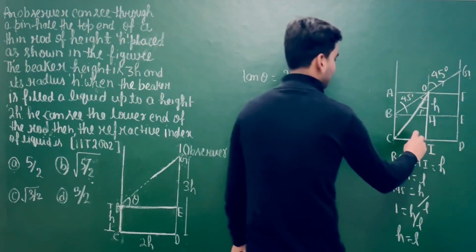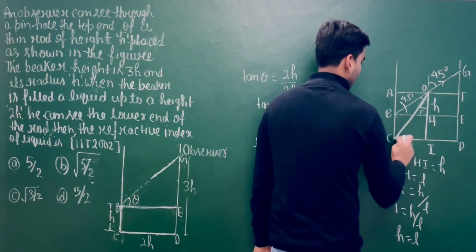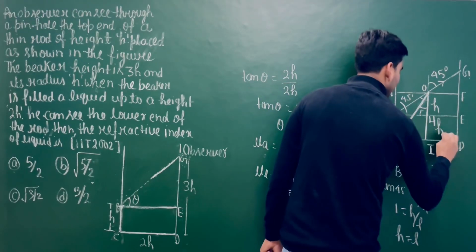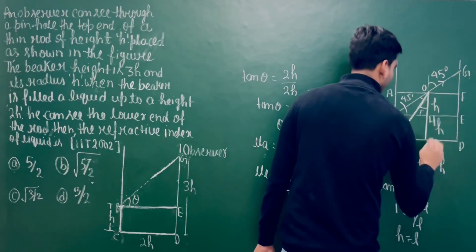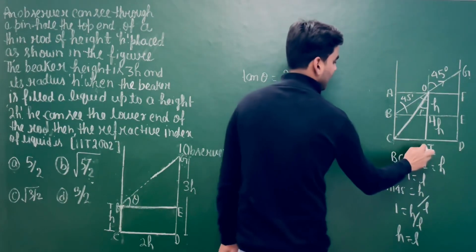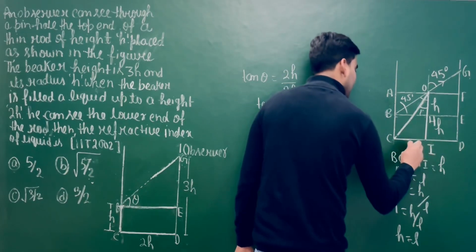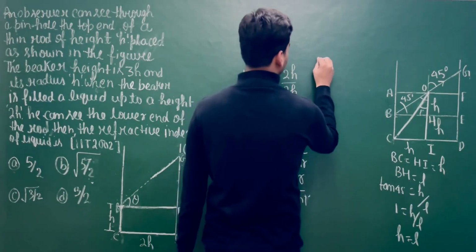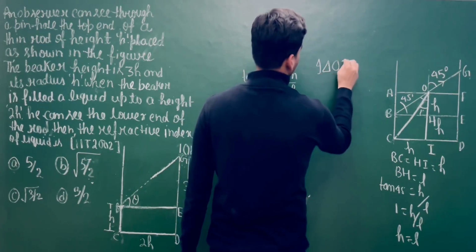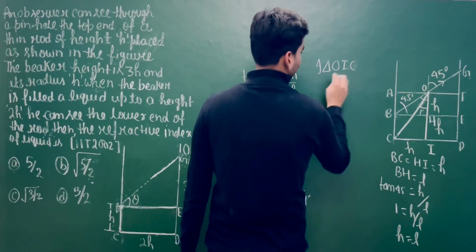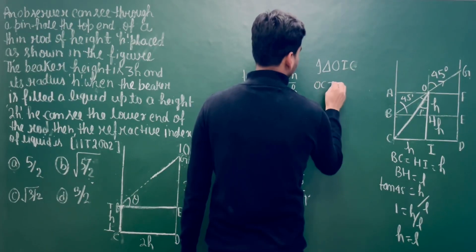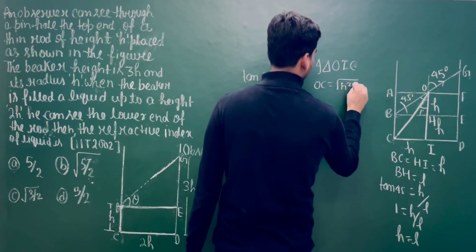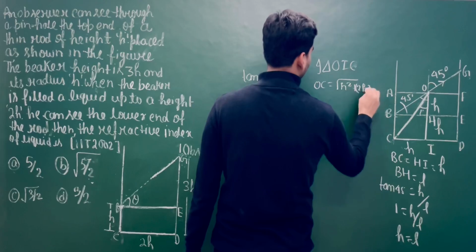Let's see here. In this triangle OCI, this is h and this is h. This complete OI equals 2h and this is L, that is equal to h. In this triangle OIC, OC equals root of h square plus 2h whole square.